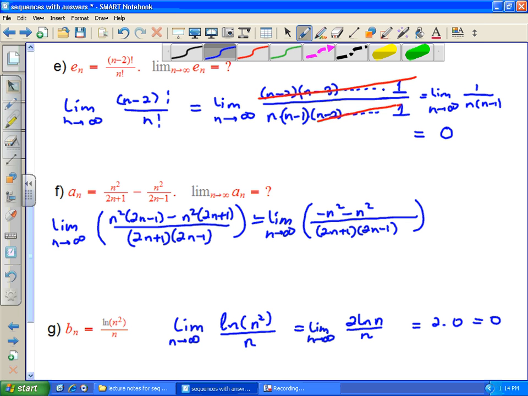Would you agree with that? I didn't show all the work there, but would you agree? Yes, because when you multiply it out, this times that will be 2n cubed, right? And this times that will be negative 2n cubed. So those canceled. But then you have this times that, which is negative n squared, and this times that another negative n squared. So that's negative 2n squared still remaining on the top.